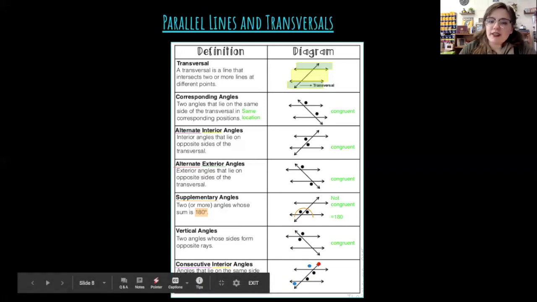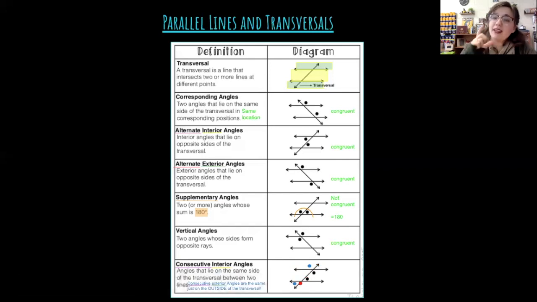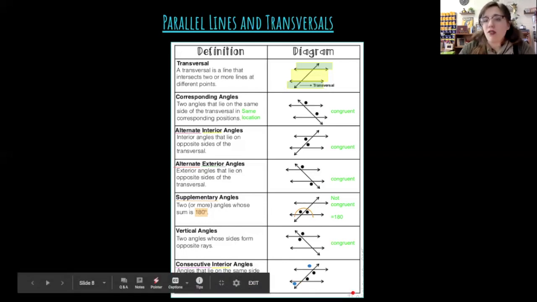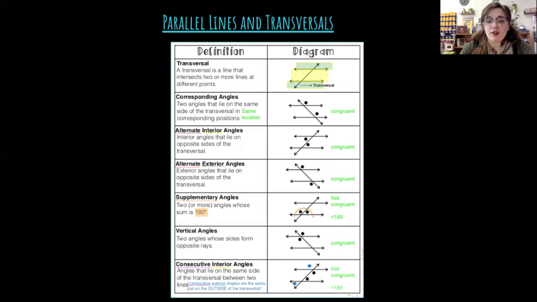Consecutive exterior means it's on the same side of the transversal, and they're outside those parallel lines. Looking at these, you can automatically tell they are not equal. One is obtuse, one is acute. They cannot be equal. So we discovered that they are not congruent, but they are supplementary. They are equal to 180 degrees.